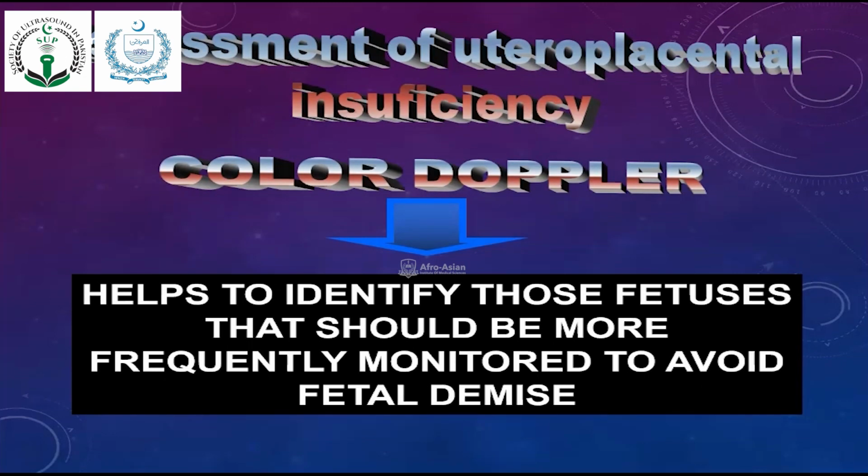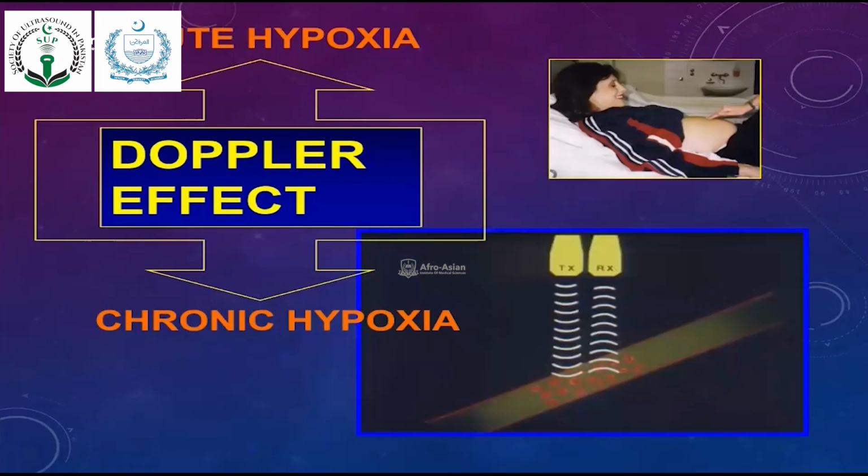So we need to follow them, we need to keep an eye on them, and keep on monitoring so that we can avoid fetal demise. We can take steps to deliver before the fetus goes to asphyxia.